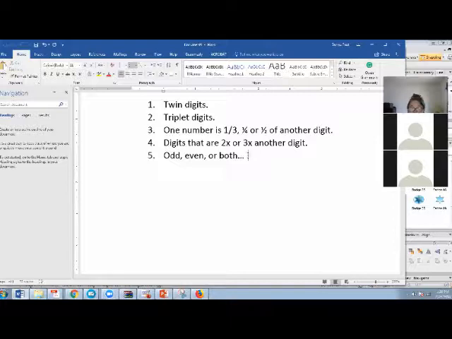And then you have one that's neither. Which one is neither odd nor even? 0 is neither. So if you had 1, 0, and a 3, you would have 2 odds. You have 3 digits, 2 are odd, and 1 is neither.